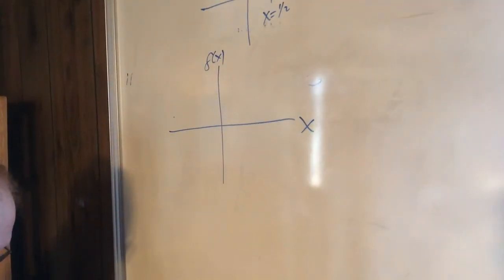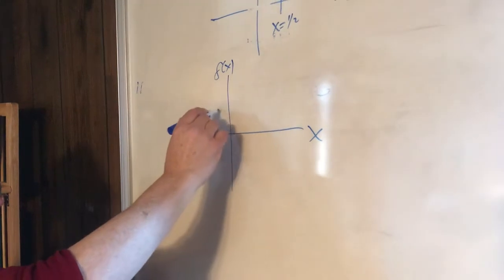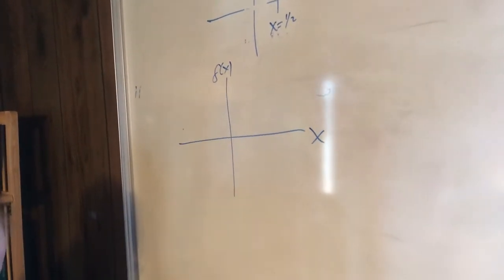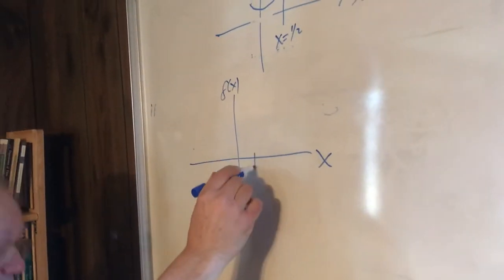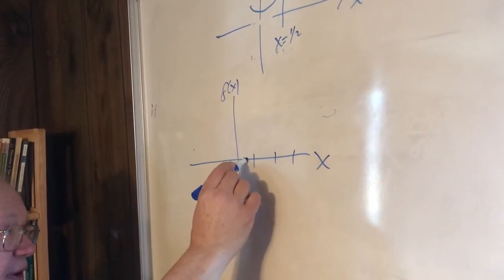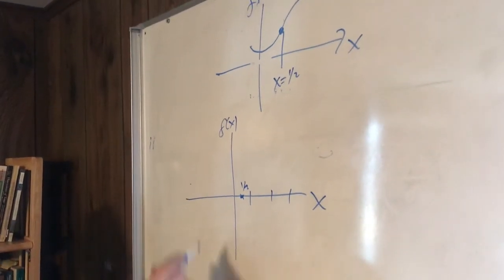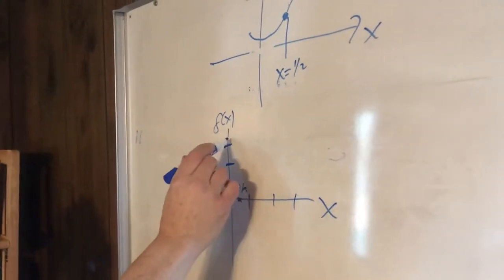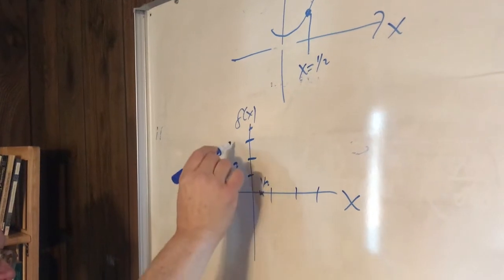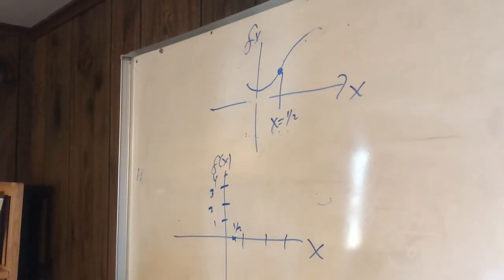You have, let's see, you have x equals 1/2, 1, 2, 3, this is 1/2, and we have 1, 2, 3, 4, and let me get another pen here.